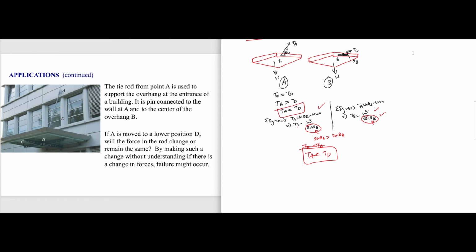That means to do the same job, if you're using the same rope material, just by changing the geometry, we are making sure that the tension developed in the rope is lower, just because of a small change in where you're attaching or how you're attaching the rope.